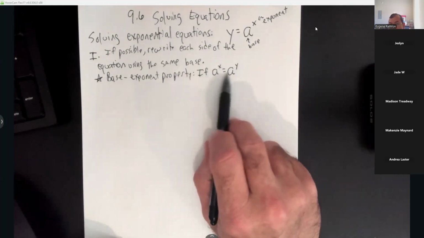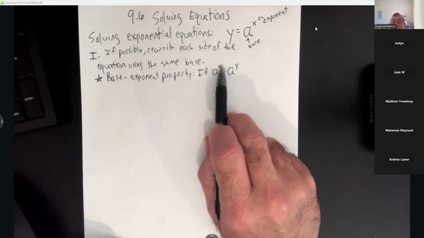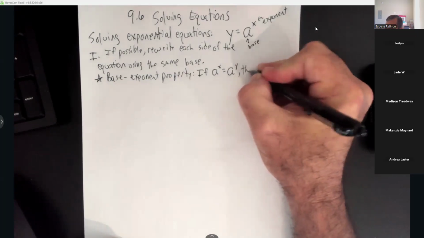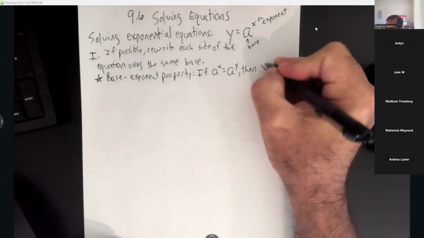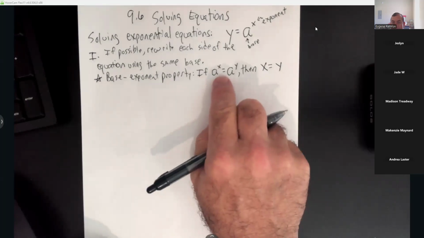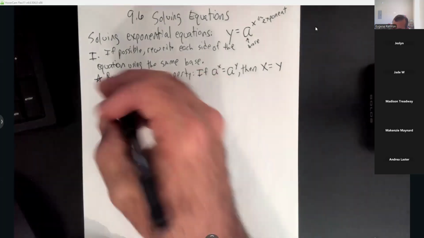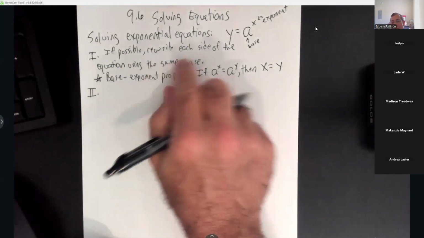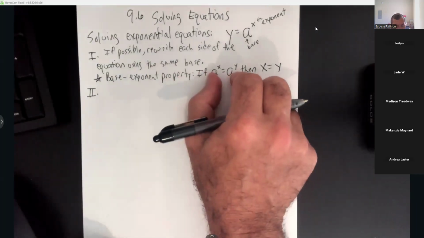So if these bases match up, then that means x has to equal y. The exponents have to be equal if two sides are equal and they have the same base, okay? So that's the first thing I try, to rewrite them if I can.